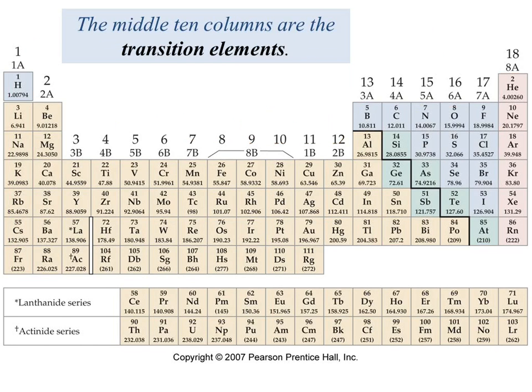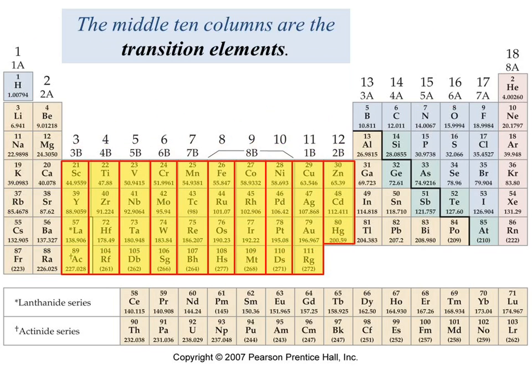So the transition elements, what do they have in common? They're B's, exactly. So I told you these were B's, so these are transition elements. Are the transition elements metals or non-metals? Metals, exactly. Sometimes I've heard them called, and I think I may have slipped and called them this, in addition to calling them the transition elements, we could also call them the transition metals, same thing.